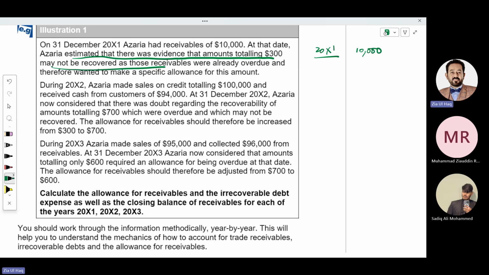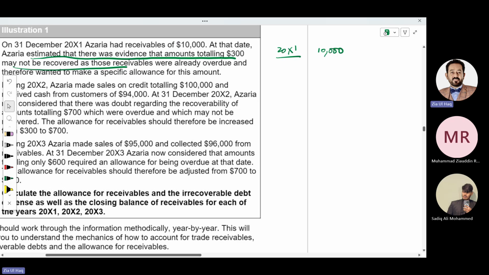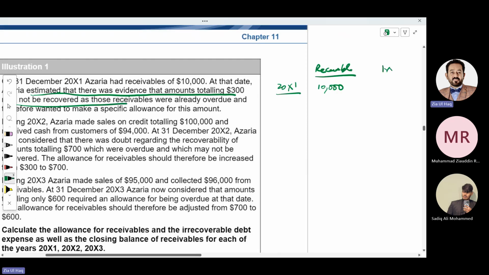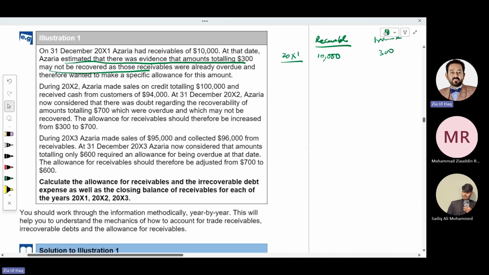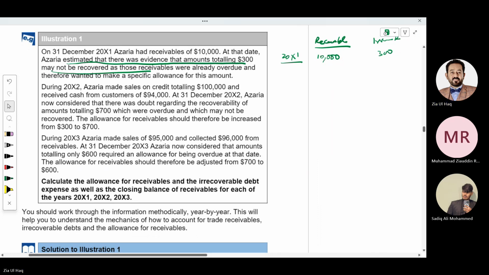Are they confirmed? I mean, irrecoverable debt or allowance for receivable? Estimated, meaning allowance for receivable. This means receivable balance is 10,000 and irrecoverable debt is 300. Irrecoverable debt expense debit and allowance for receivable credit.